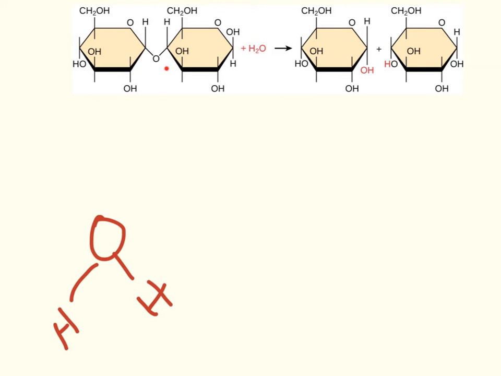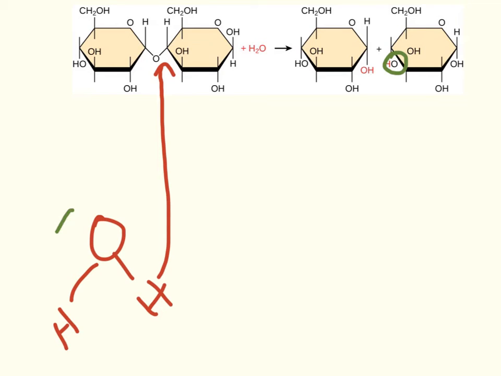This is the bond that's holding them together, and we have to try to break them up. What we do is just the opposite of what we did to make this. One of these hydrogens is going to end up making a bond with this oxygen, and it ends up over here as a hydroxide.